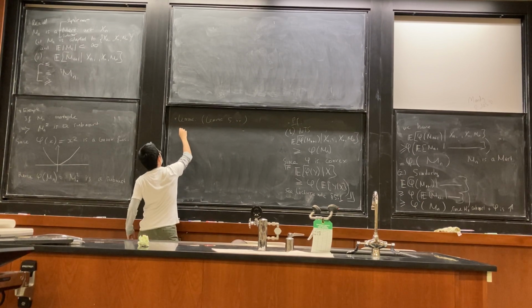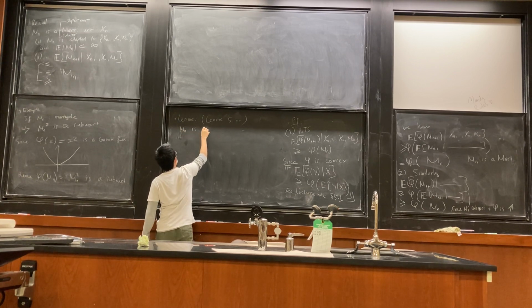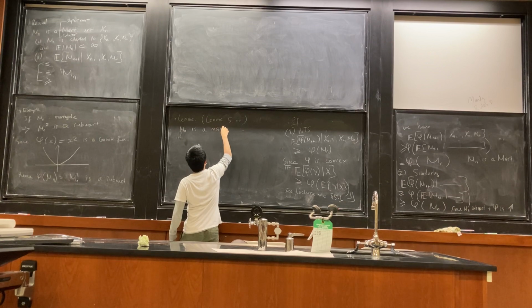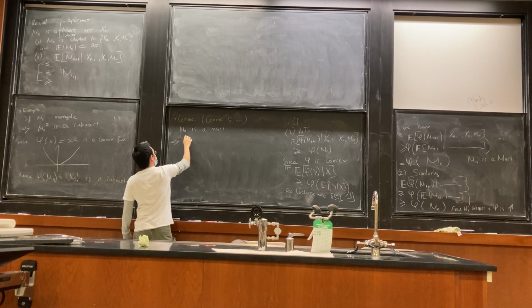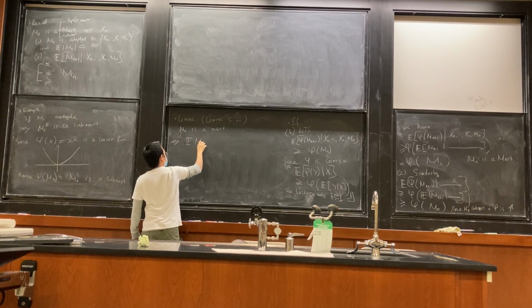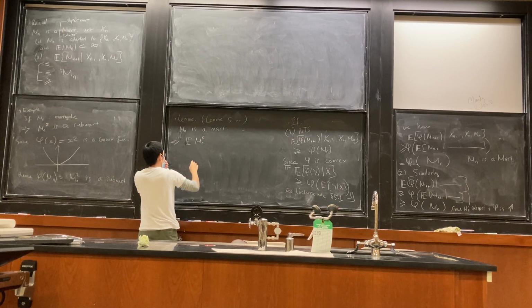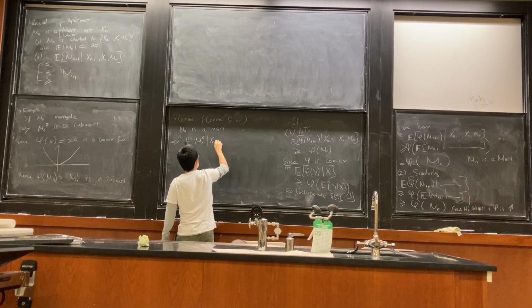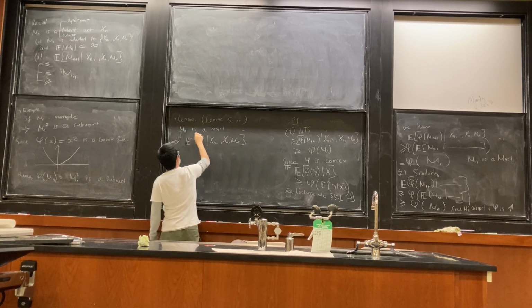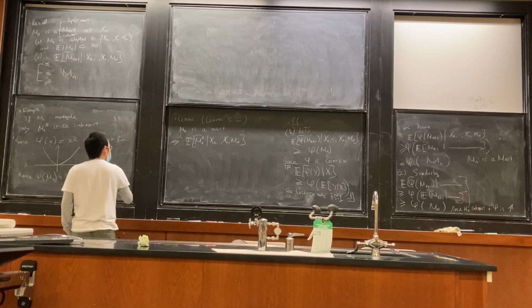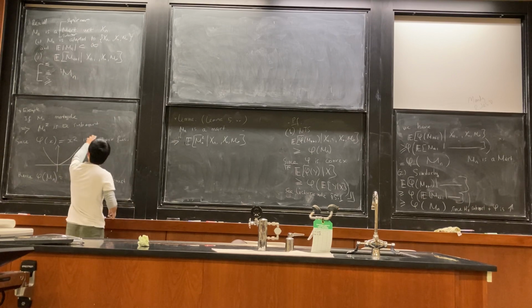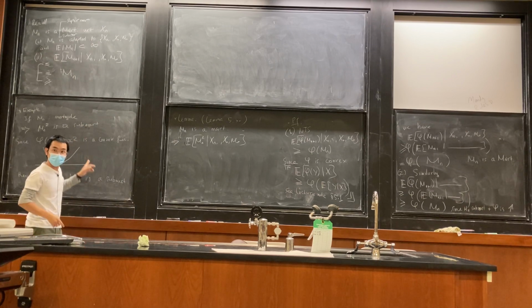So we have the expected value. Suppose Mn is a martingale, then the expected value of Mn plus 1 minus Mn squared, conditioned on the past. So indeed, we already know Mn squared is a submartingale. We already know that.